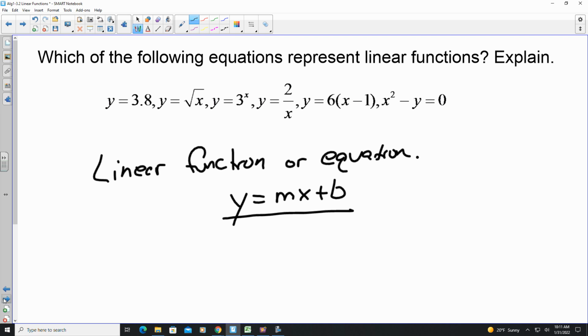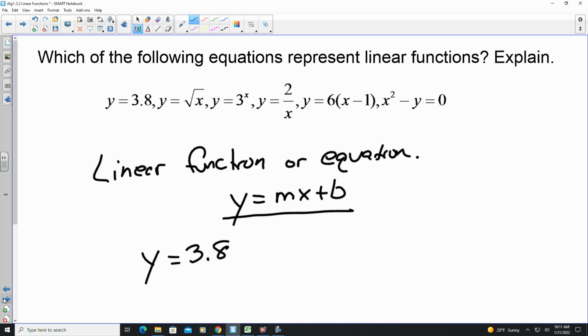And we'll get into that a little bit as we move forward. So we have a series of different examples here. So I got y is equal to 3.8, okay?